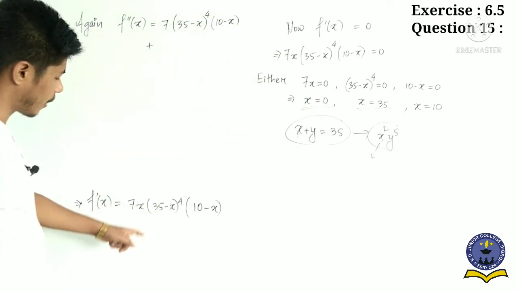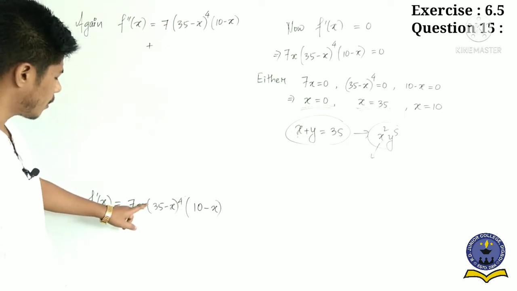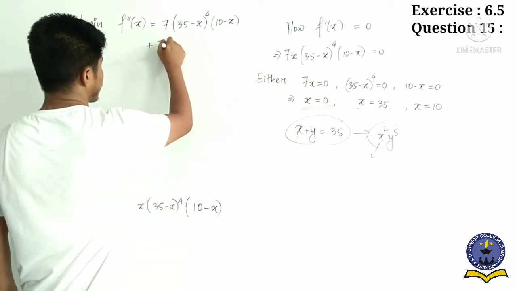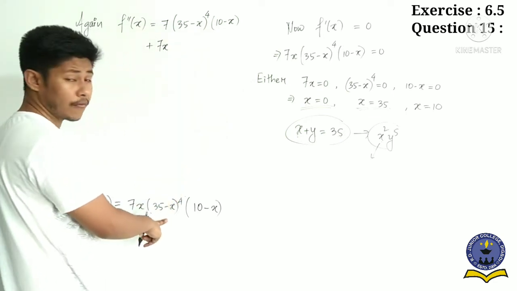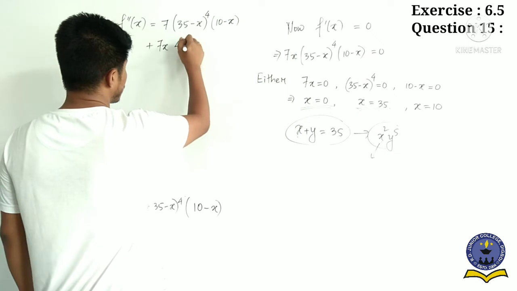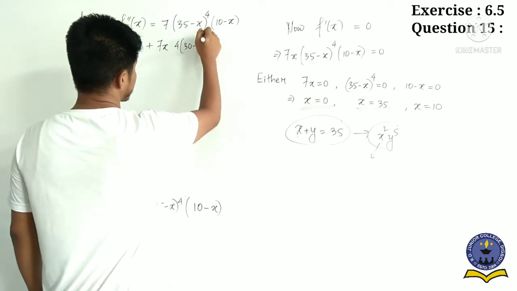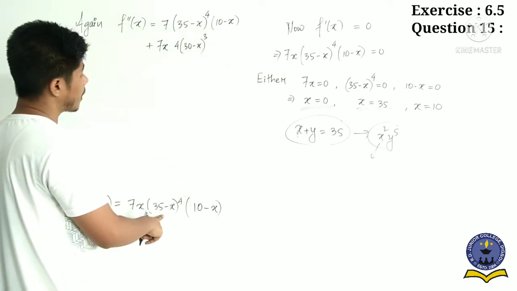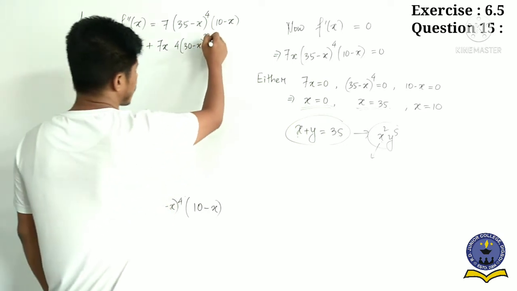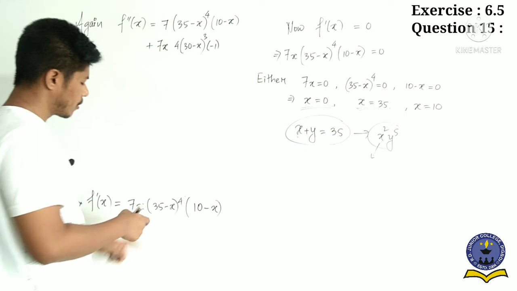So second part you have to write here: if we keep this 7x, we have to differentiate the second part. So that means here 7x, and when we differentiate this one, here we write 4 into 30 minus x whole cube, and again we have to differentiate this one, so that means here we get minus 1, isn't it?